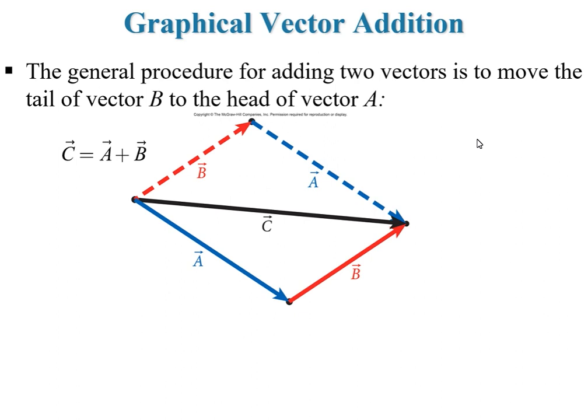So the general procedure for adding two vectors is to move the tail of the vector B to the head of the vector A. So take note that this process is called tail to head. That means what is given here is we will find our resultant vector, which you see in this figure.